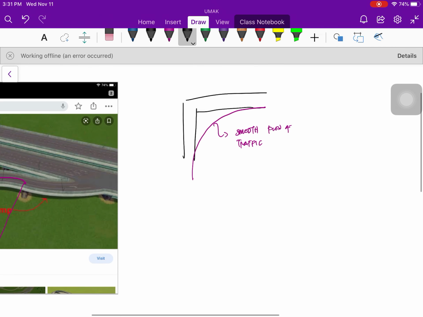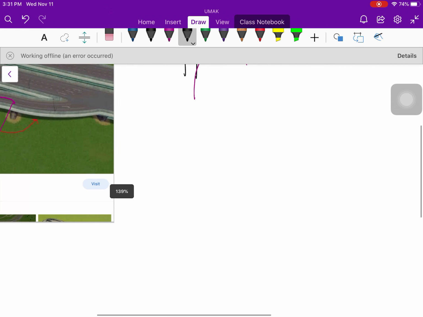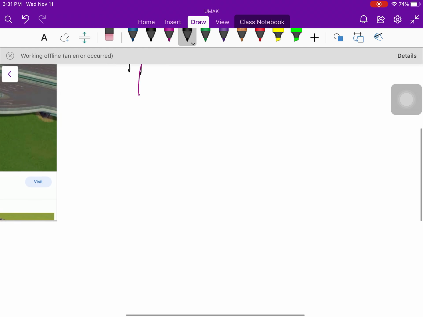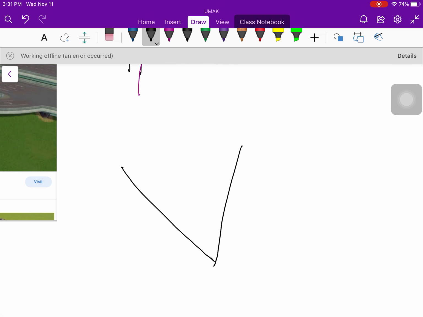Simple curve is a very simple factor to consider when designing a highway. This one is the radius, and this one is your curve. This is your curve, meaning to say this is the center line of your highway.